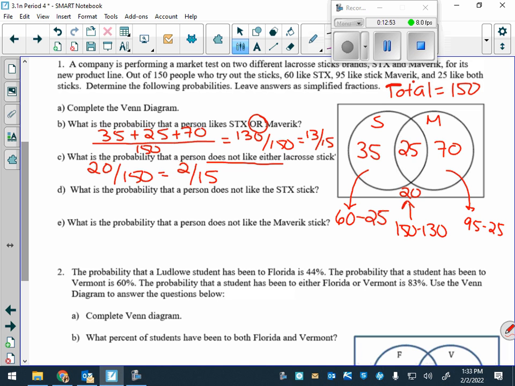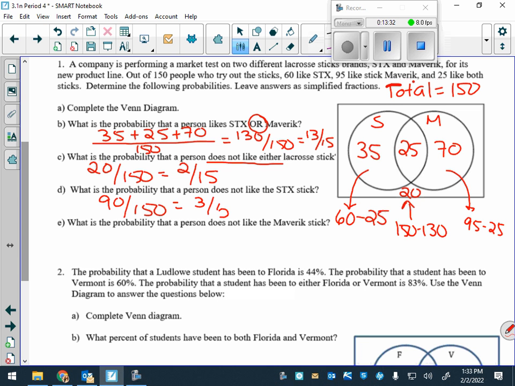Okay. What is the probability that a person does not like Sticks? Genevieve. How'd you get it? I did 90 over 150, which reduces to, yeah, Rosanna, 3 over 5.